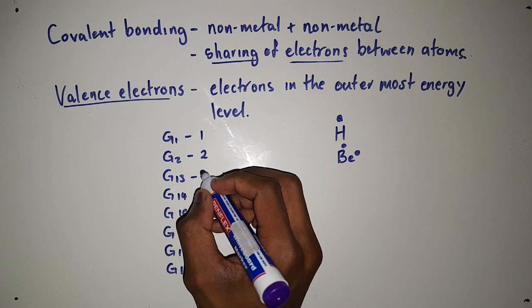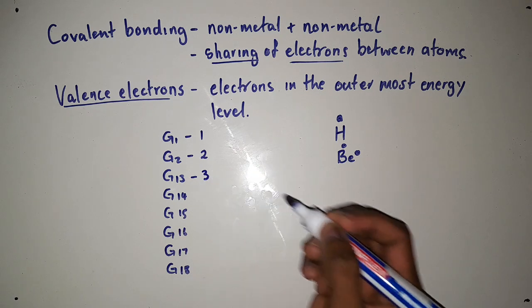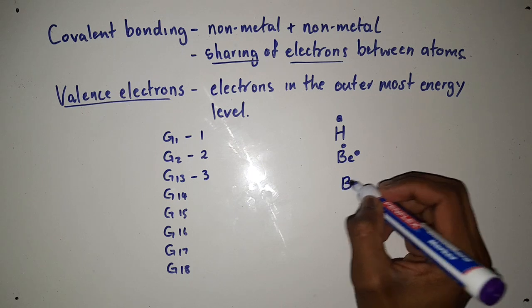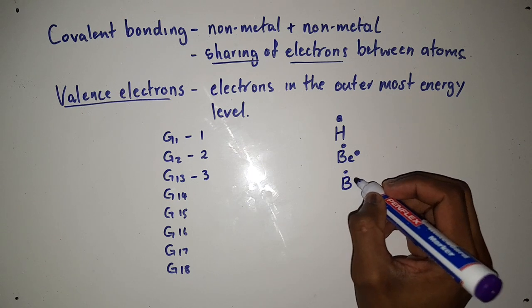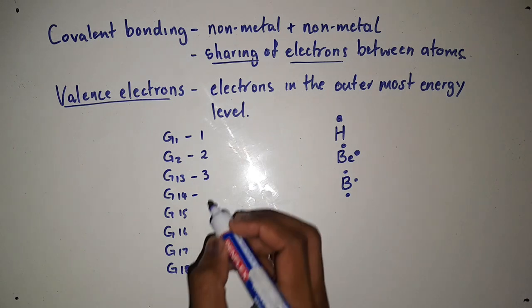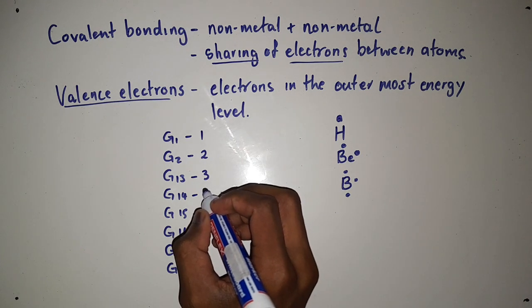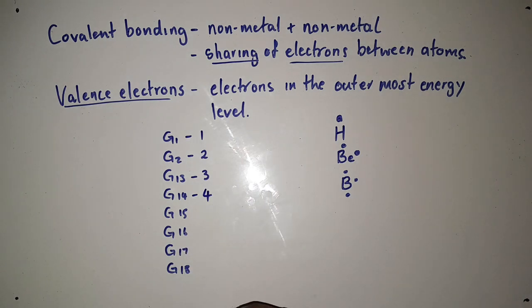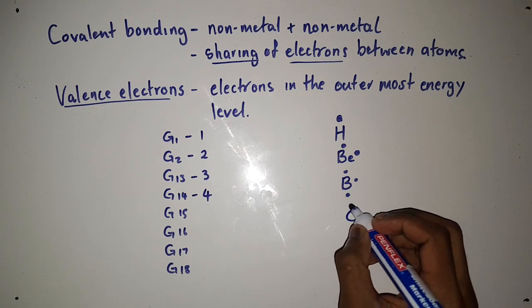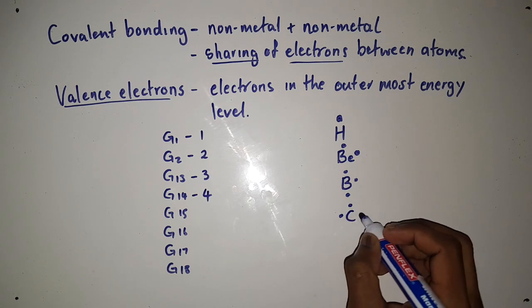An example is boron. Then group 14 has 4 valence electrons. An example is carbon. Let me write it here.